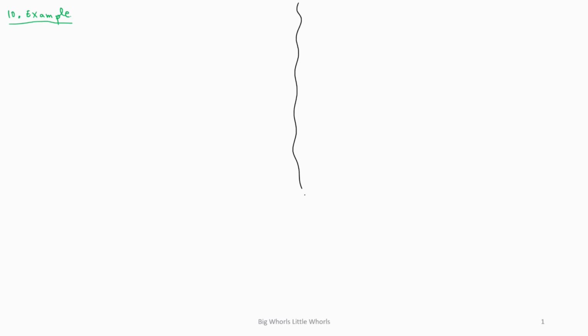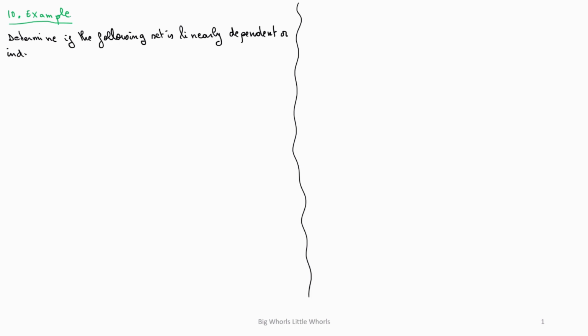Let's split it into two. Determine if the following set is linearly dependent or independent in its natural space.